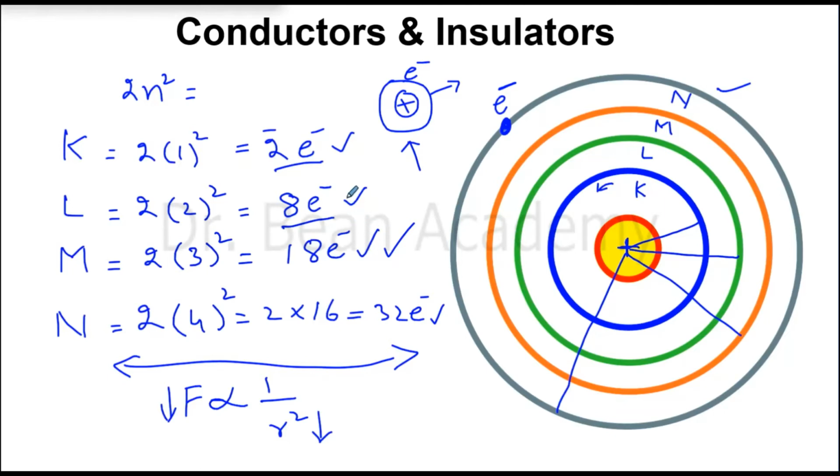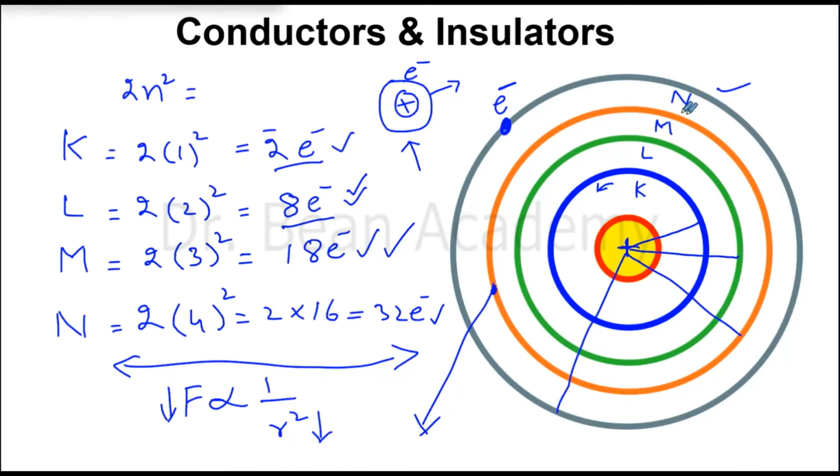If a shell is completely filled, those electrons are tightly fit in the shell and they are well connected with the nucleus. So it's not easy to snatch them from the nucleus by any mechanism.